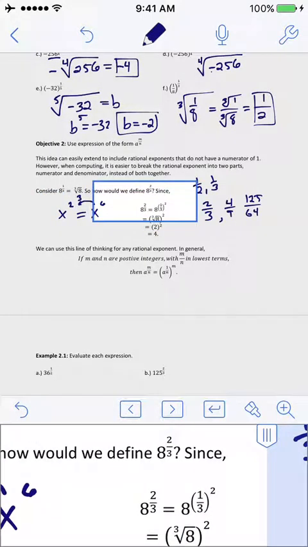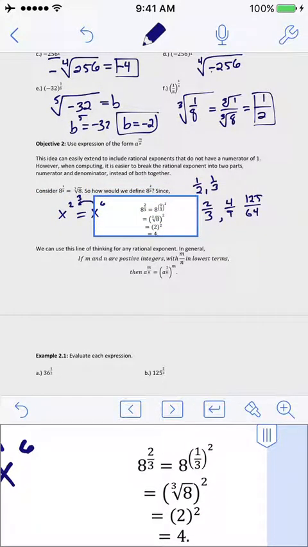We can do kind of the same thing with a rational exponent. I have 8 to the 2/3. That's the same thing as 8 to the 1/3, squared. I recommend putting the 1/3 first instead of on the outside, but it really doesn't matter. At the end of the day, it's going to be the same thing.